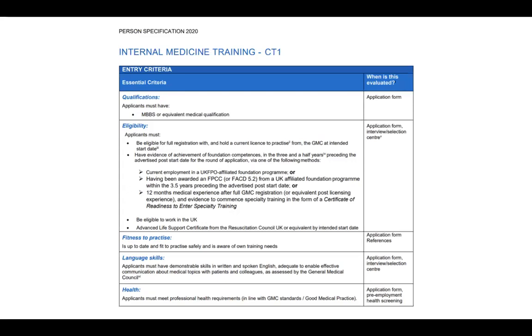You need to speak English and provide evidence of this if you are an international medical graduate and in your home country the main language is not English. And then in terms of health, they will just ask you to fill a pre-screening health form, which is pretty simple. You just have to declare any chronic medical conditions that you have, which could affect your clinical practice.